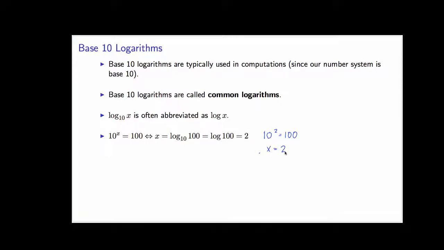On your calculator, if you enter that log button, and then type 100 and enter, you'll get the value of 2. As another example, suppose we have 10 to the x equals 3. Here we're not going to be able to solve this exactly like we did in the previous example, but we can rewrite this exponential equation in logarithmic form as x is the log base 10 of 3, or just x is the log of 3.